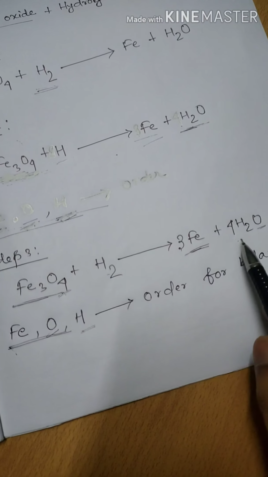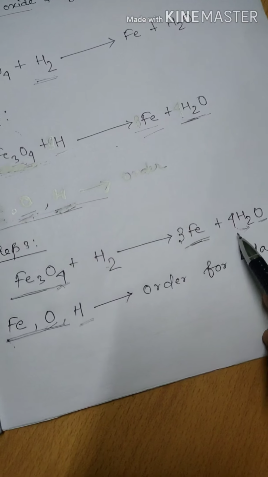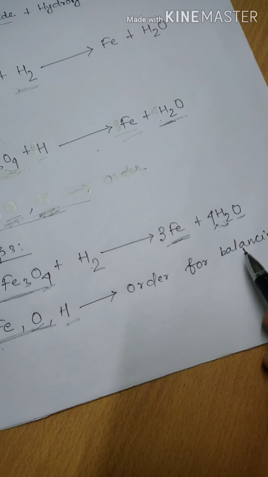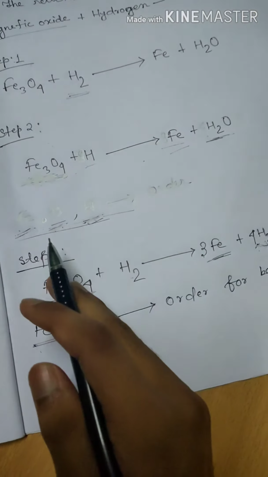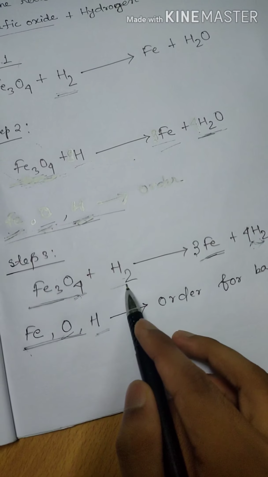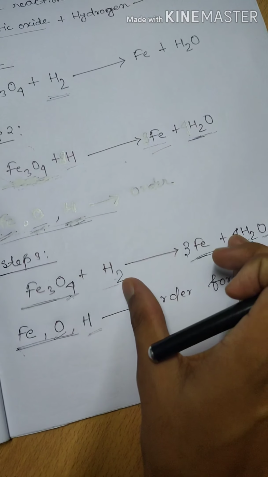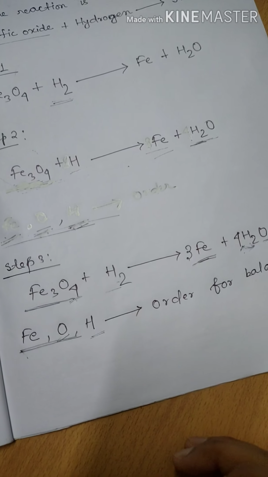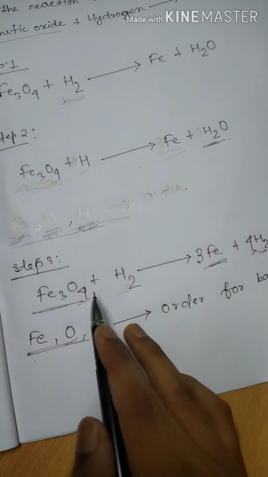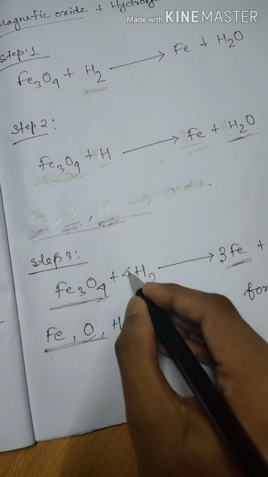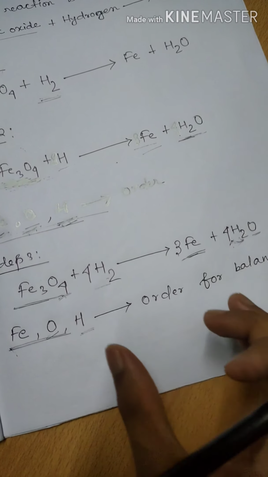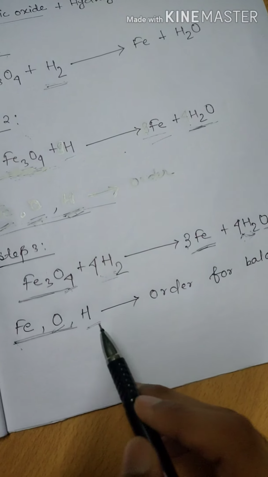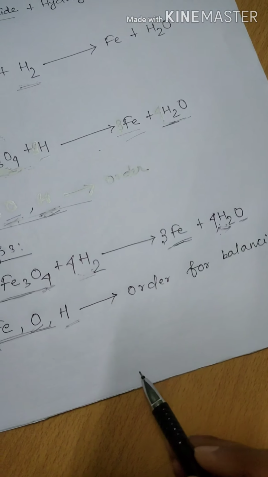You see in the right side how many hydrogen atoms are present? 8 hydrogen atoms are present, 4 into 2 is 8, but in the left side only 2 hydrogen atoms are present. So we have to balance this hydrogen atom. If we multiply by 4 here, then the number of hydrogen atoms on both sides will be the same. You see here 4 into 2 is 8 hydrogen atoms, and here 4 into 2 is 8 hydrogen atoms.